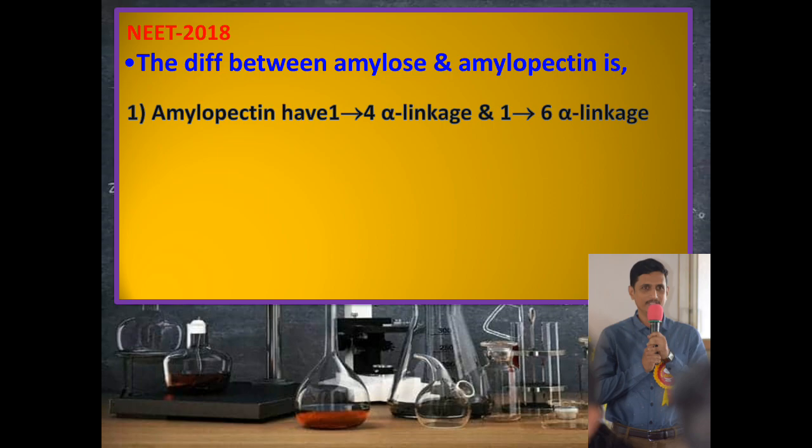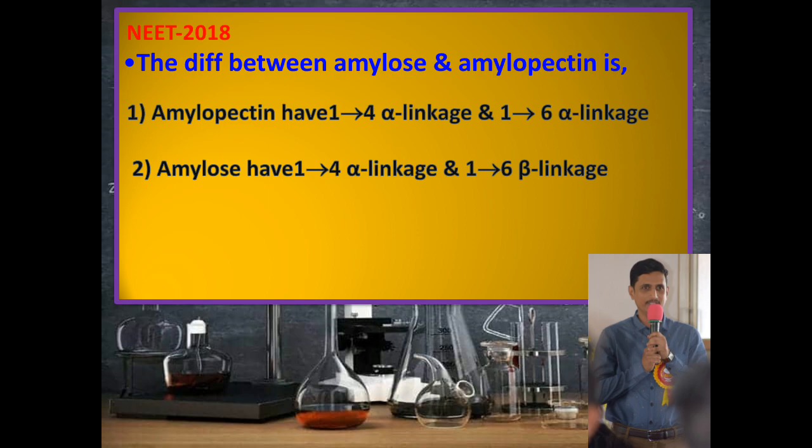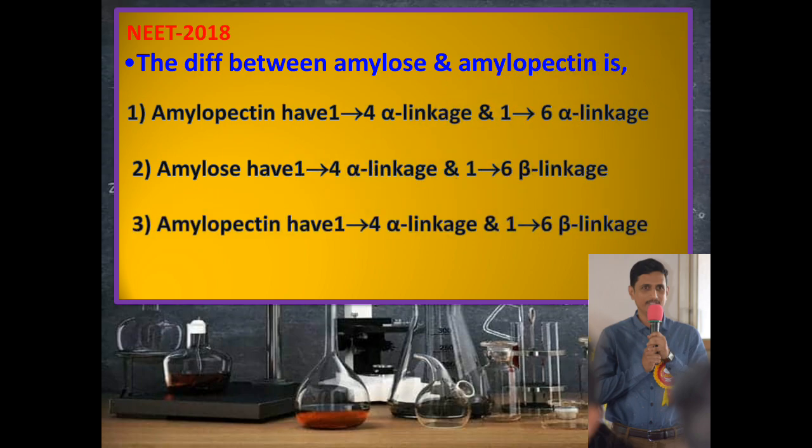The difference between amylose and amylopectin is: option 1, amylopectin has 1,4 alpha linkage and 1,6 alpha linkage; option 2, amylose has 1,4 alpha linkage and 1,6 beta linkage; option 3, amylopectin has 1,4 alpha linkage and 1,6 beta linkage.